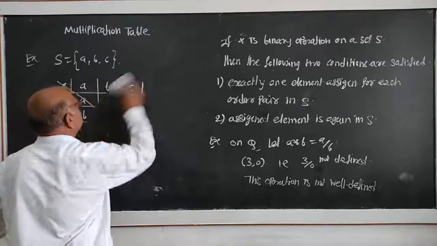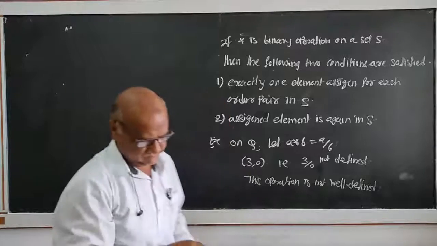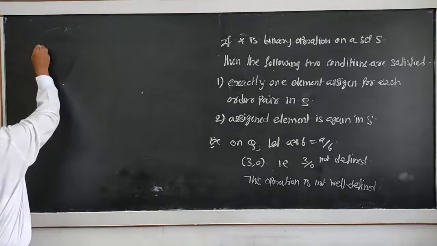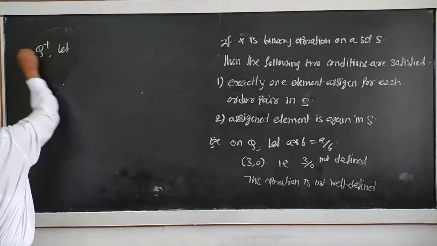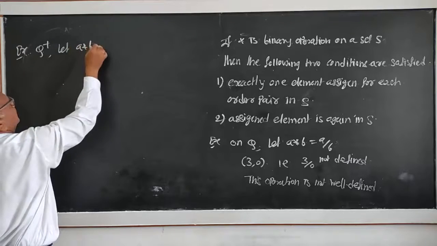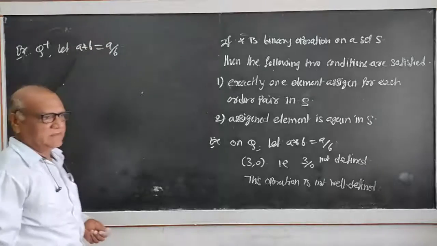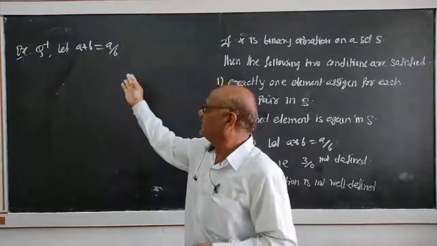Take another example here. On Q plus, let A star B be equal to A by B. Clearly both conditions are satisfied.